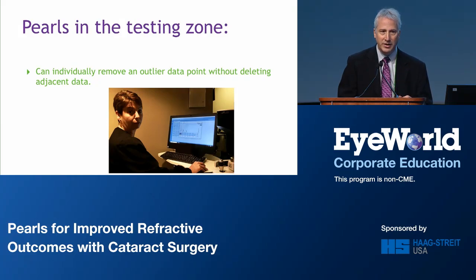So if there is a click that captured an axial length, a keratometry, a white to white, and the lens thickness and such, if you want to delete one of those with some of the other machines, you have to delete all of the ones that were done with that same click, whereas with the Lenstar, you can actually delete one at a time. If you've got a difficult patient, perhaps with nystagmus or unusual anatomy, and they're difficult to capture, that can be a real challenge.